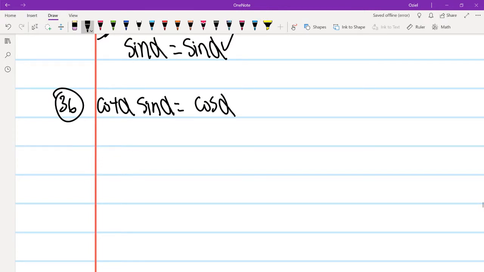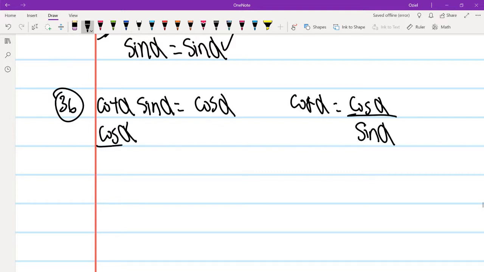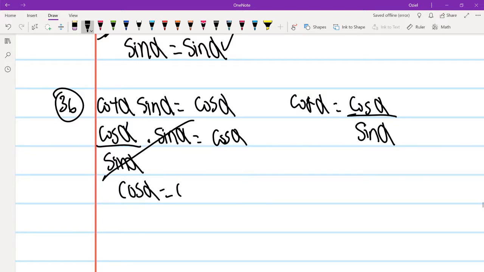So we would say, remember that cotangent of alpha would be cosine of alpha over sine of alpha. And so you would say cosine of alpha over sine of alpha times the sine of alpha equals cosine of alpha. And you would cross these two out, leaving you with cosine of alpha equals cosine of alpha, and you verified it.